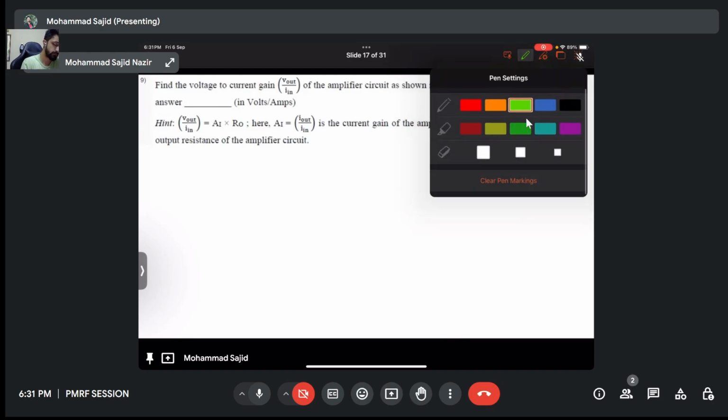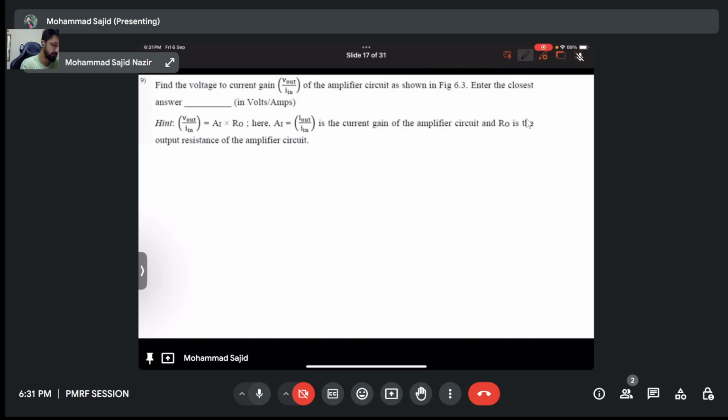Next is to find the voltage to current gain. This is different. We need to find the output by Iin. So what we usually used to do, we used to find V output by V in, that is voltage gain. And what is I out by V in? Transconductance, right?